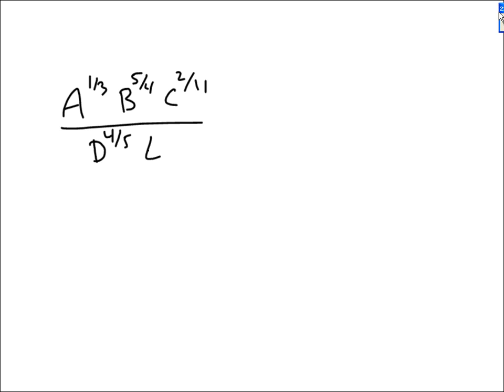Suppose you have a to the 1/3, b to the 5/4, c to the 2/11 over d to the 4/5, and e to the 3 over 13. And this gets raised to the 7 over 2 power.